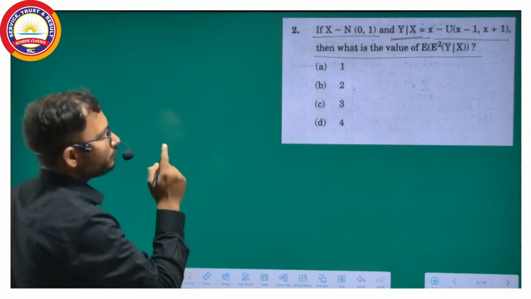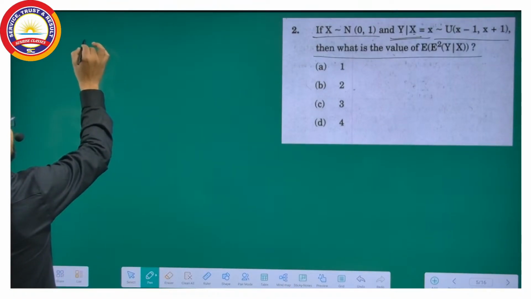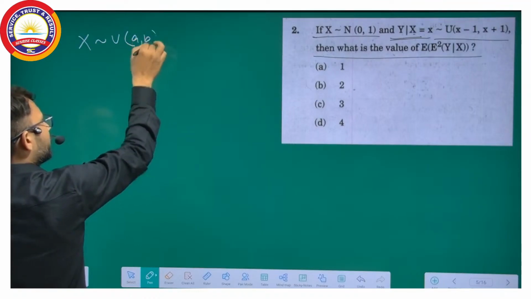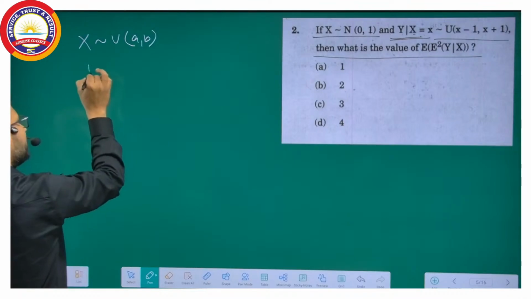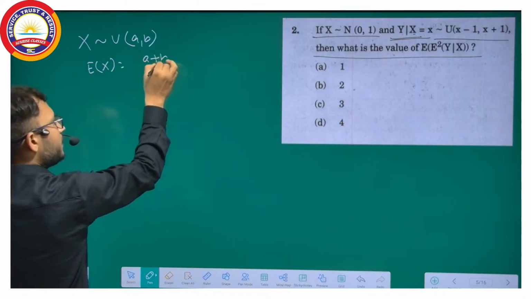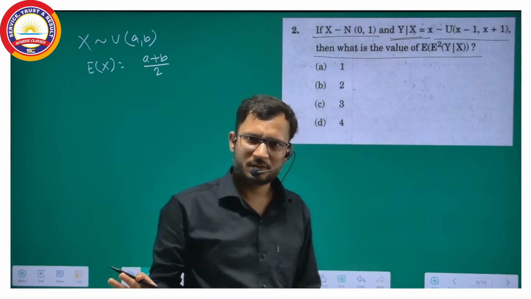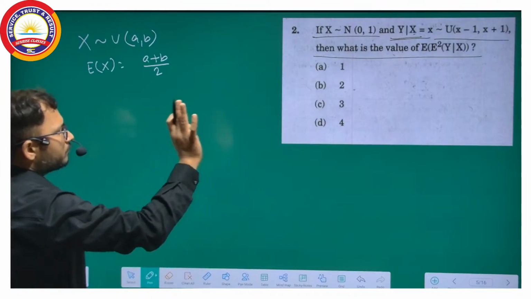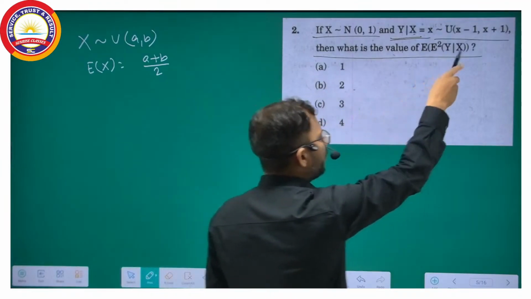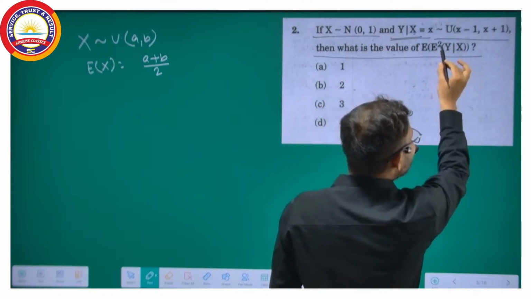Now, you know it well that if x is some random variable following uniform a to b, then expectation of x is a plus b by 2, isn't it? There is no issue. Clear? Now, what you may have done wrong is you may have thought that it is expectation of y square.